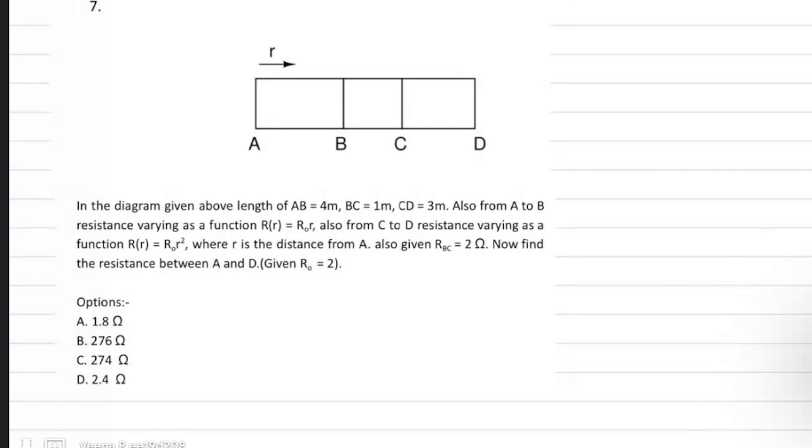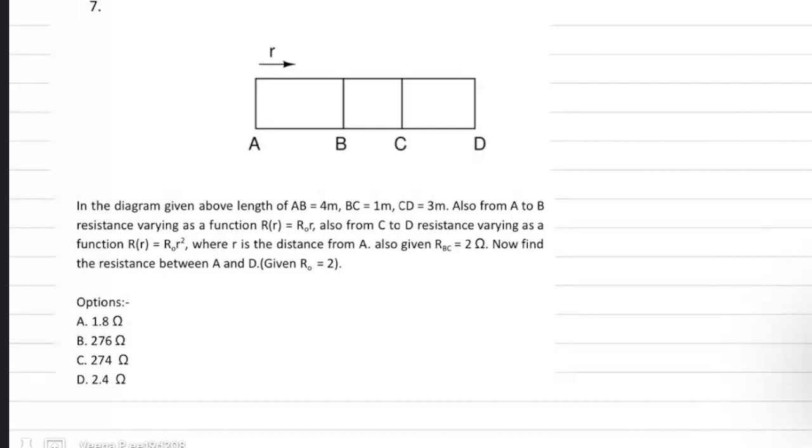These 3 segments are connected in series, which means RAD is RAB plus RBC plus RCD. The value of RBC is directly given as 2 ohm. But the value of RAB and RCD is not a fixed value. It varies from point to point.